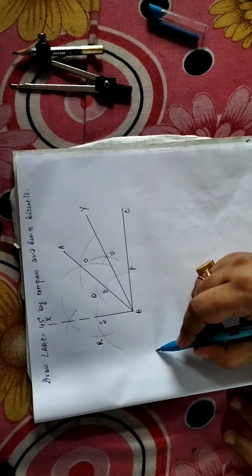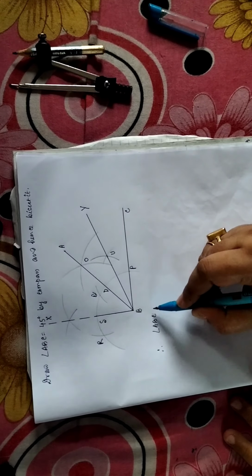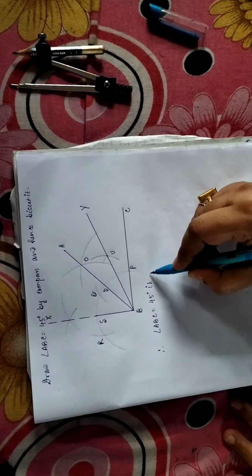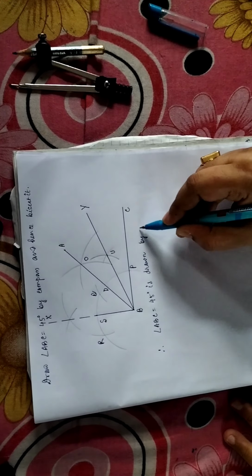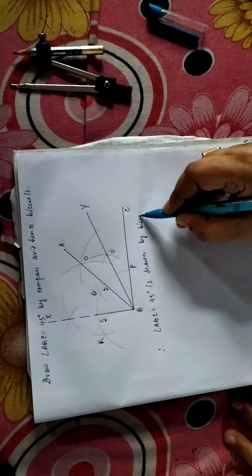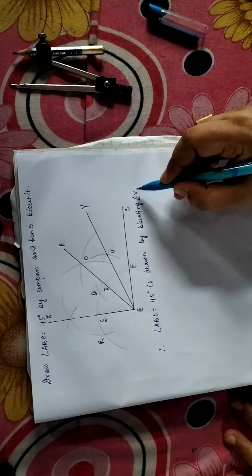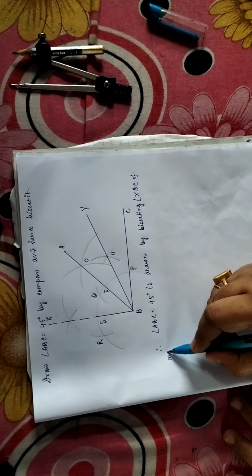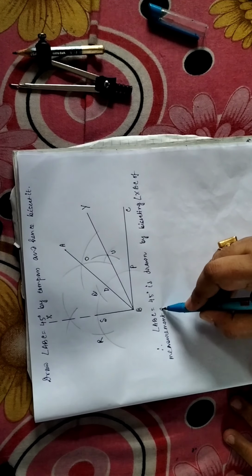So here angle ABC equals 45 degree is drawn by bisecting angle XBC of measurement 90 degree.